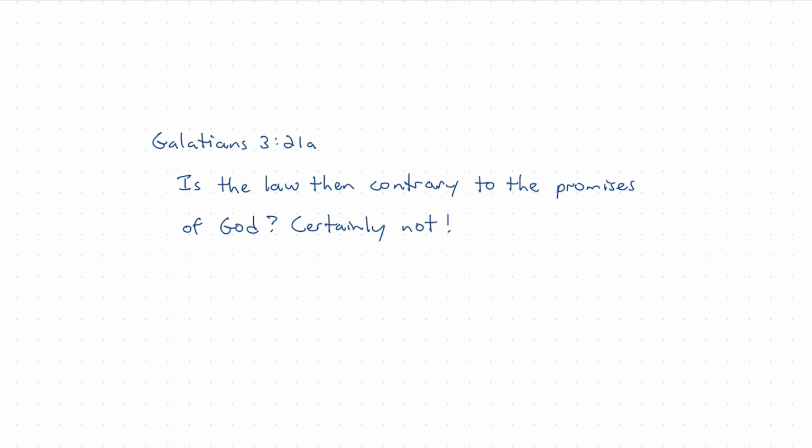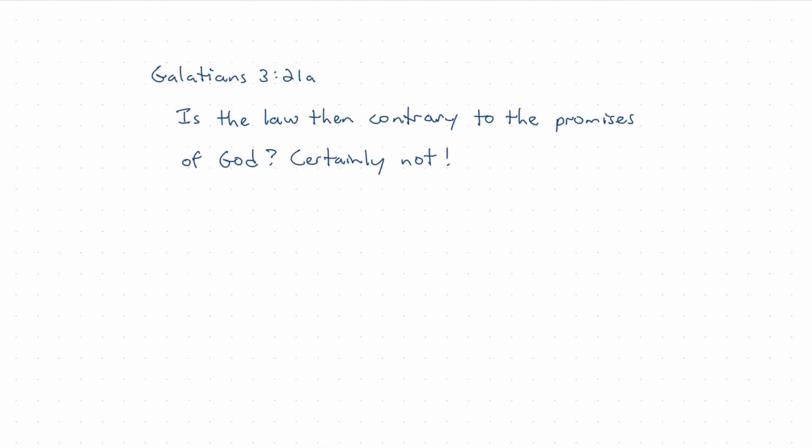So you can see that we really have two propositions here. We have a question keyed off by the question mark, and then a strong answer, certainly not, exclamation point. Paul really means it. So let's write these out as two propositions, and we can see this even more clearly.